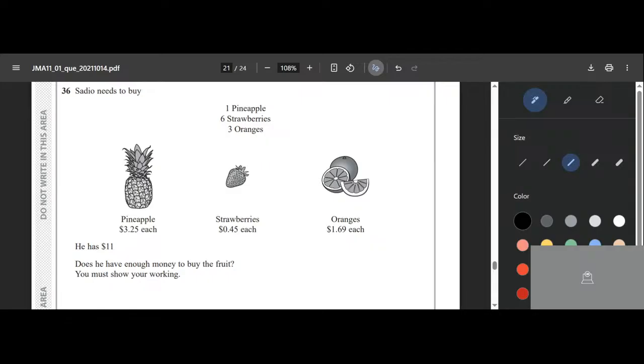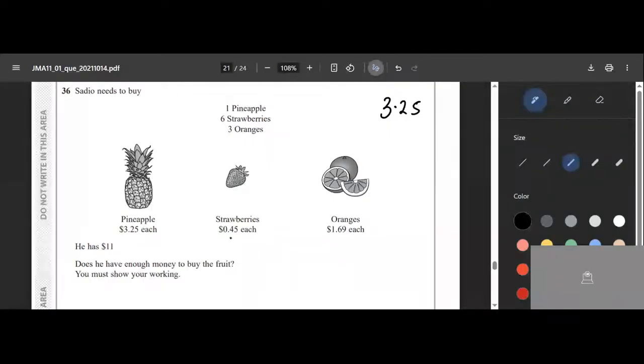You are asked that Sadio needs to buy 1 pineapple. So 1 pineapple, it is 3.25. 6 strawberries.